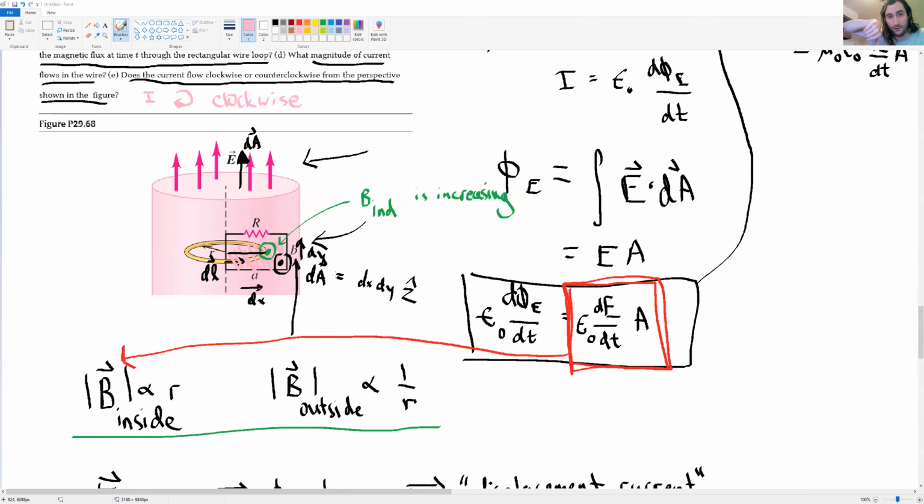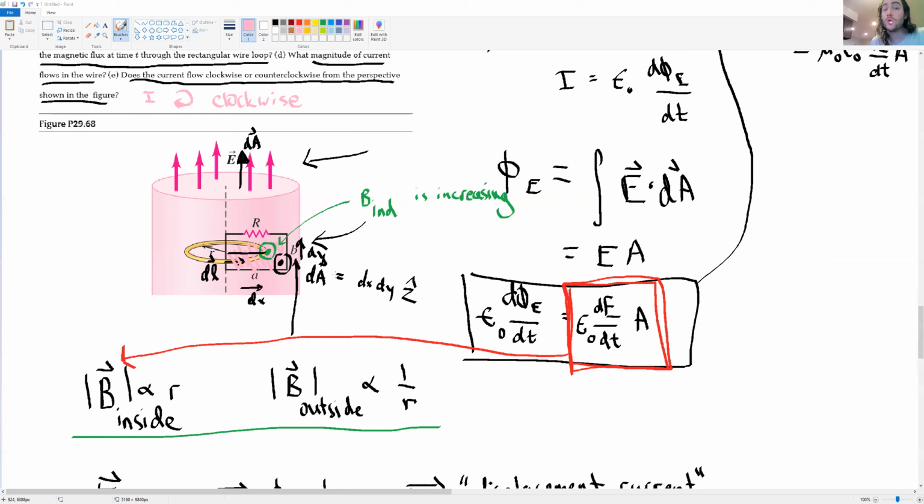It's coming out. So if B induced is increasing, right? If E starts out at 0 and then E increases, then we're going to have 0 magnetic field, and then we're going to have the induced magnetic field. So the magnetic flux is increasing.